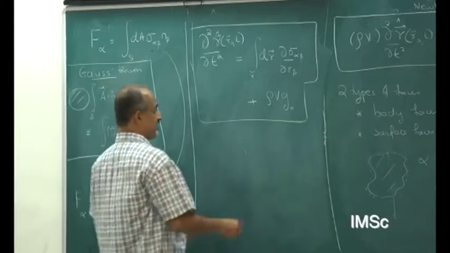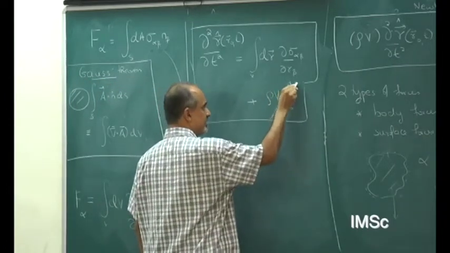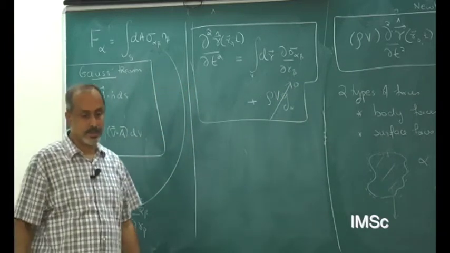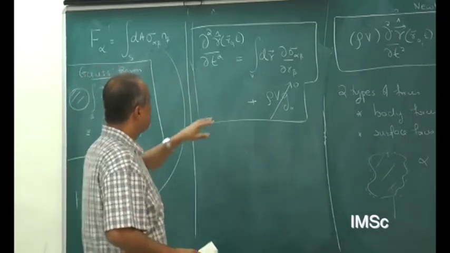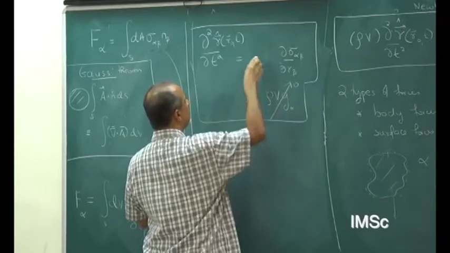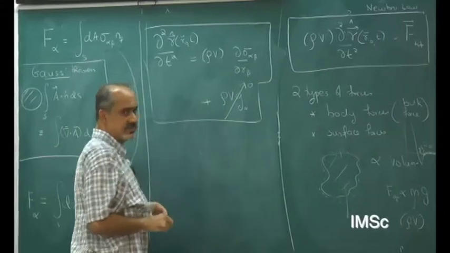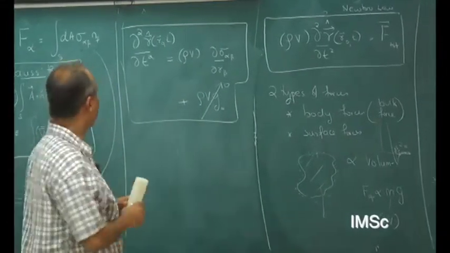In many applications, we will come across situations where there is no external force, so we can just get rid of this altogether. And the other thing, of course, is that even this integral dr, I can write in terms of the density times the v factor here, and also get rid of that.